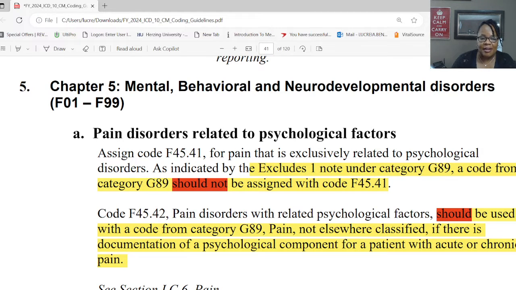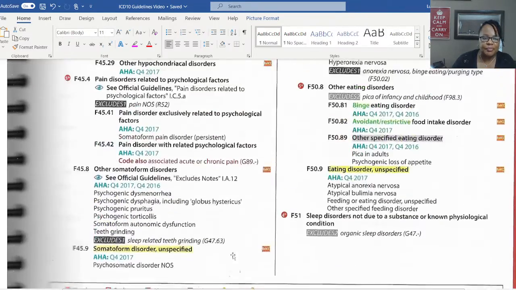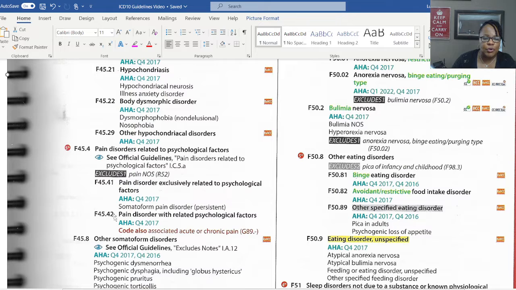So let's go back. F45.42. Going back up here. F45.42, pain disorders related to psychological factors, and you've got a note. Code also associated acute or chronic pain, G89.